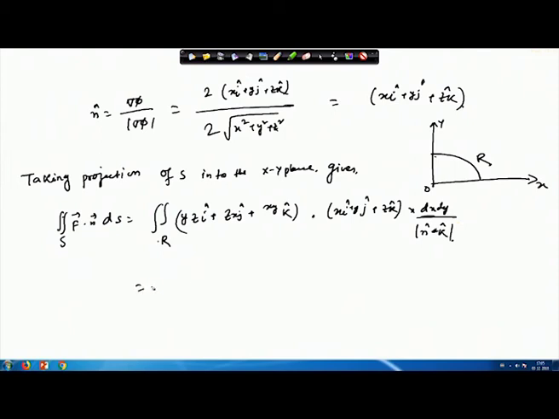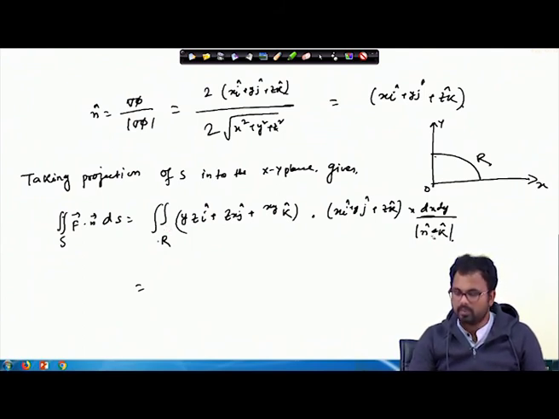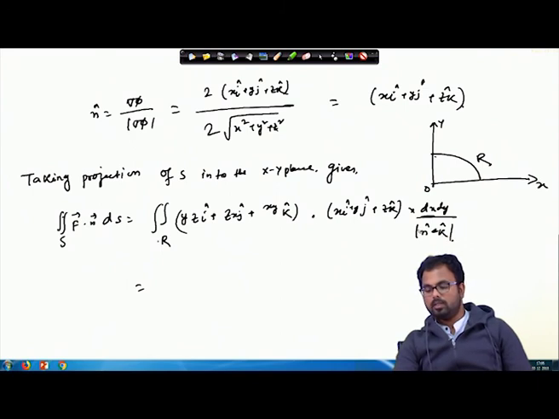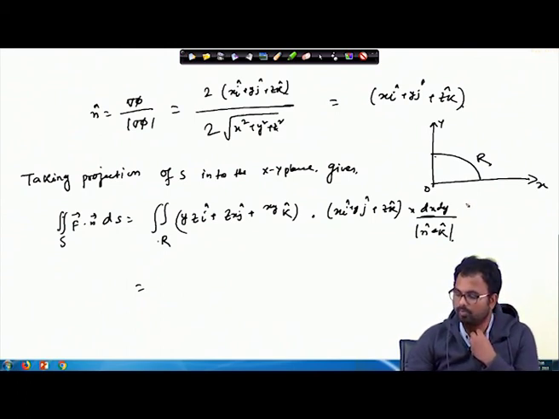So, R is basically after projection the new area, or the new place where we are doing the integration. Here n is the unit normal and k is the vector perpendicular to the x y plane.